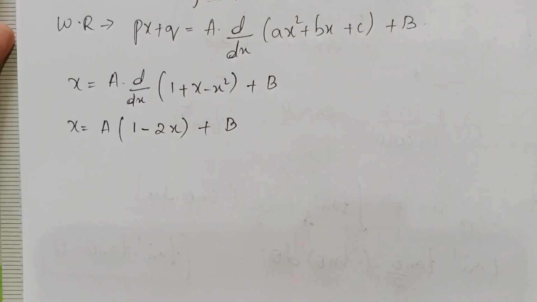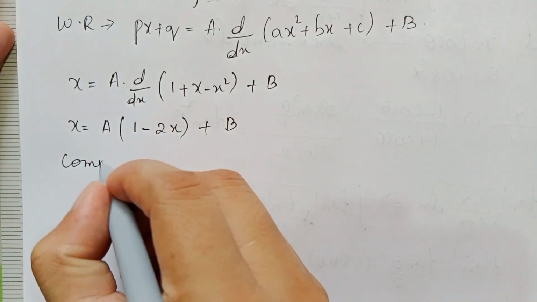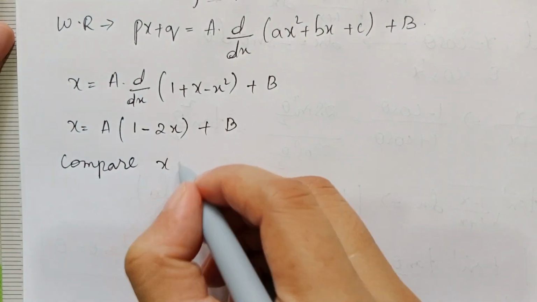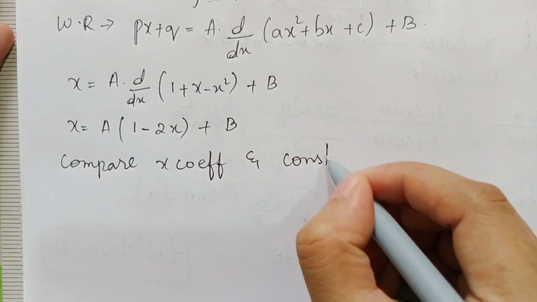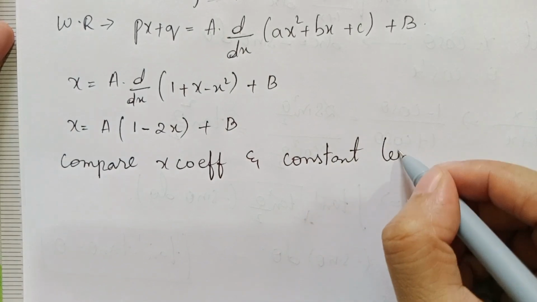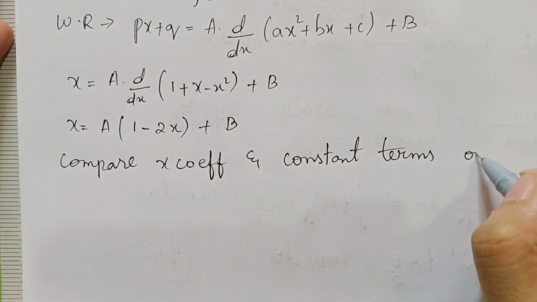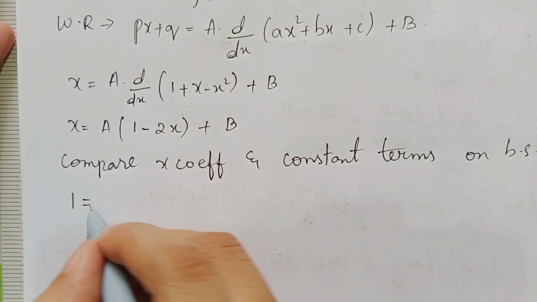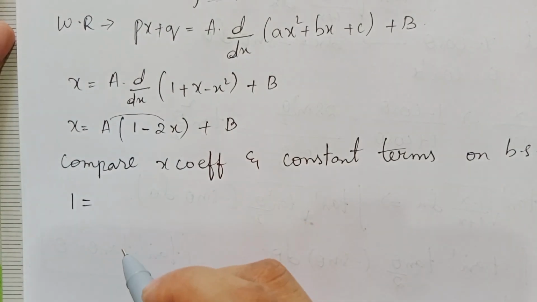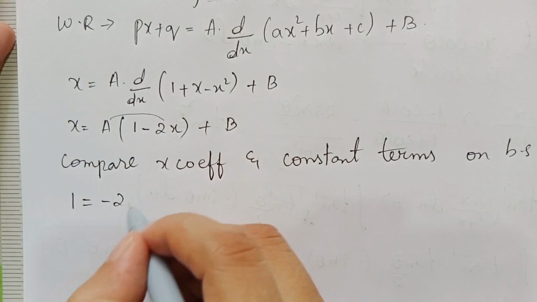Now compare x coefficient and constant terms on both sides. We'll get x is 1 here, and for this it is for the a term, so it is minus 2a.